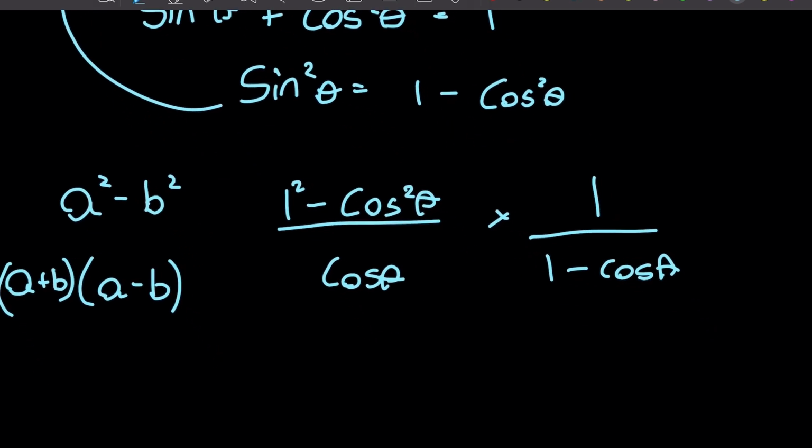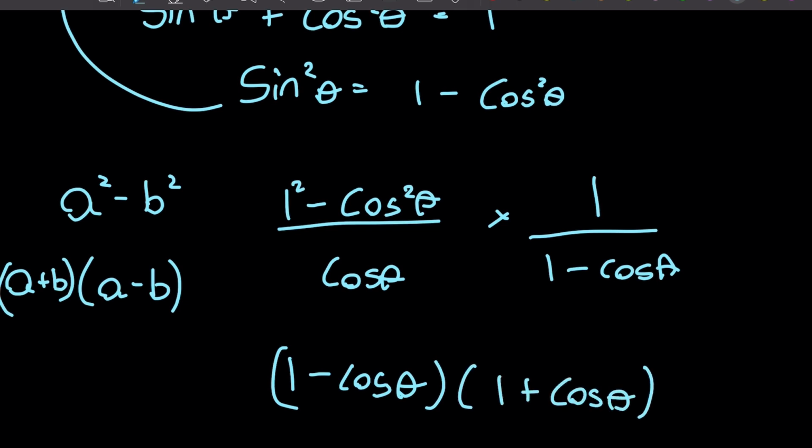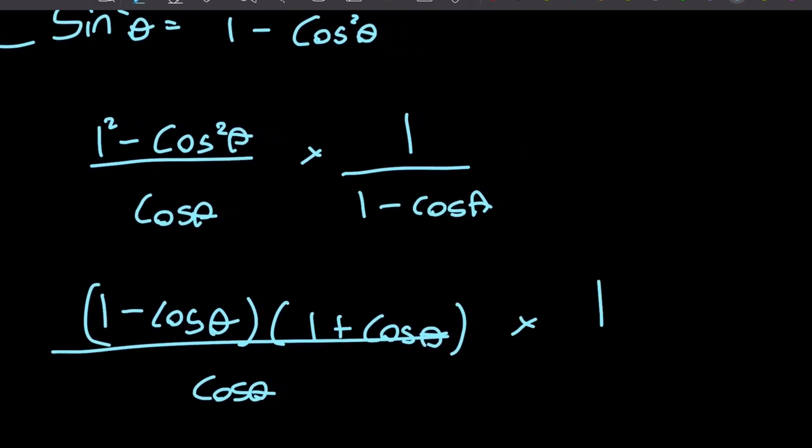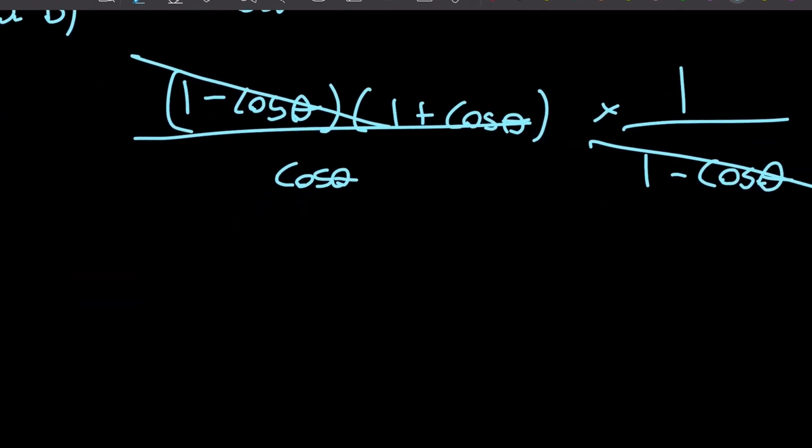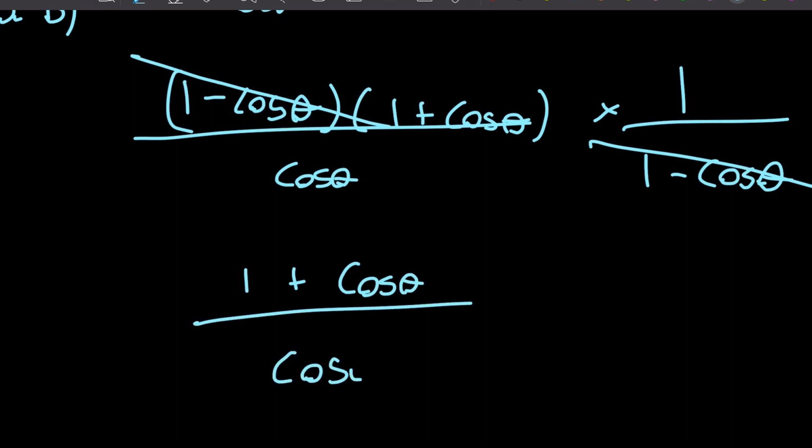So it's no different for this. 1 squared minus cos squared theta is the same thing as saying 1 minus cos theta times 1 plus cos theta over cos theta. And then we're multiplying this by 1 over 1 minus cos theta. And since we're multiplying this, we can cancel these two things out. So what will we be left back with? We'll have 1 plus cos theta over cos theta.